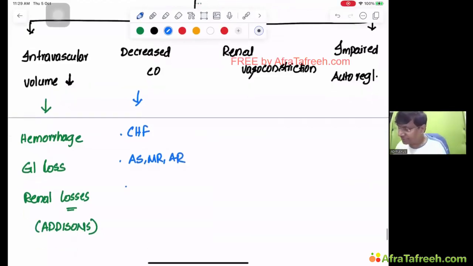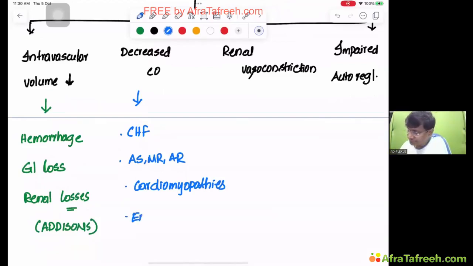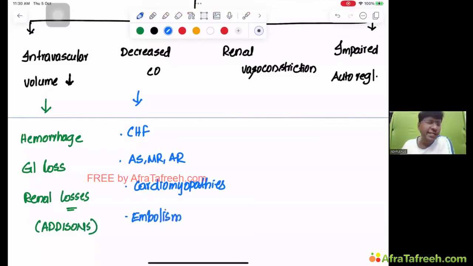Then even certain cardiomyopathies, there can be decreased cardiac output, reducing the intravascular volume and decreasing the renal perfusion. And the other scenario is the embolisms, where the embolism originates from the heart and goes into the renal circulation.